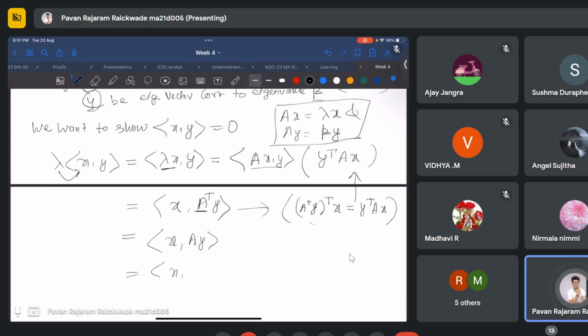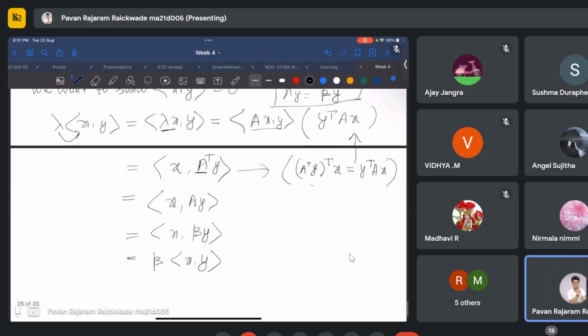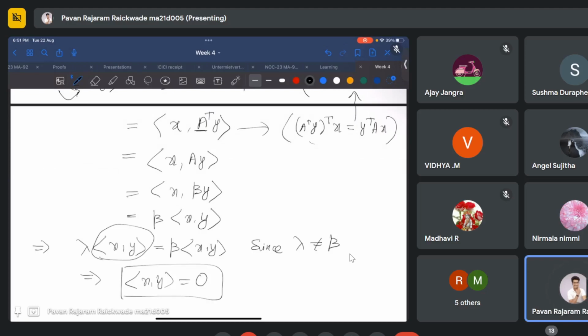Now y is an eigenvector, so here comes y. Then beta comes out because it's real. So what you get is lambda times the inner product of x with y is the same as beta times the inner product of x with y. Since lambda is not equal to beta, the only conclusion is that the inner product of x with y has to be 0. Because this is a number, and you are multiplying the number by two different numbers and getting the same result. This happens only if the number is 0.